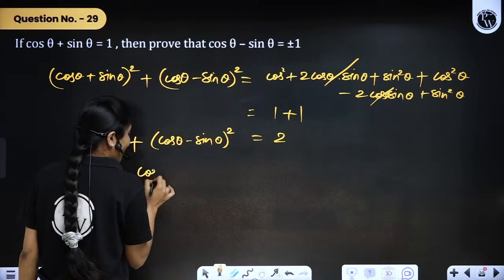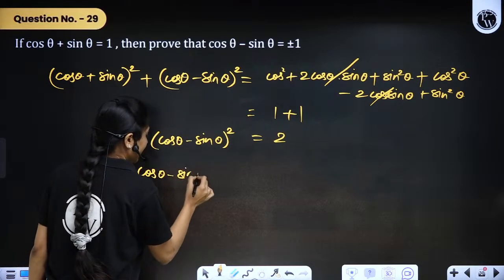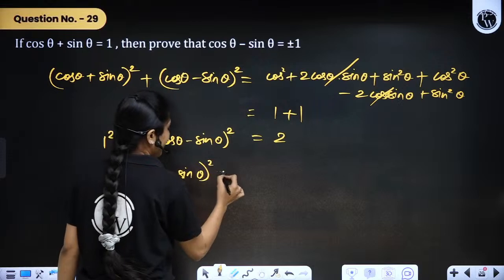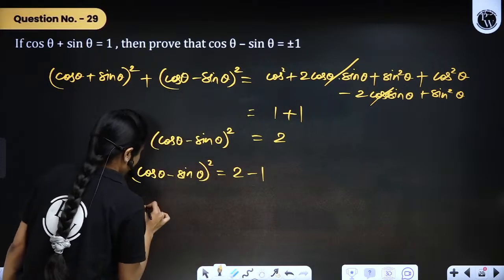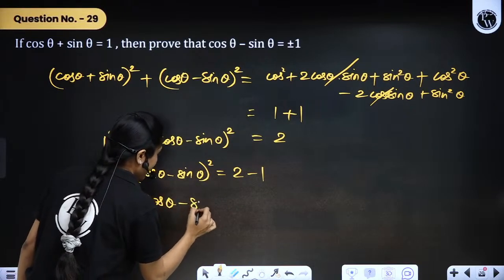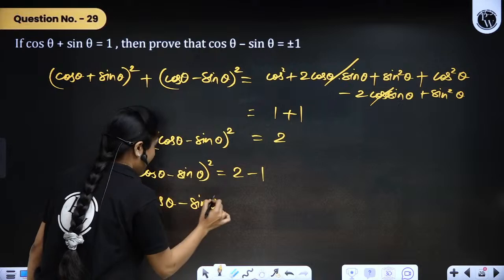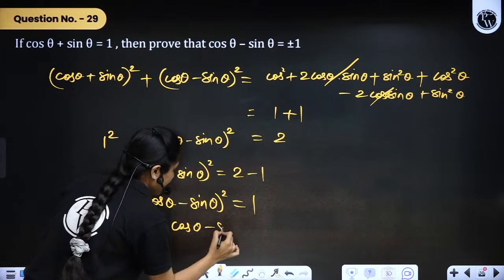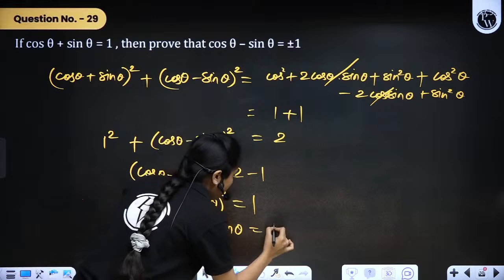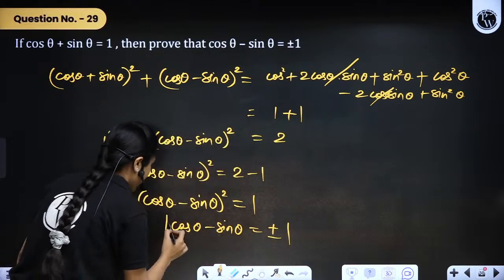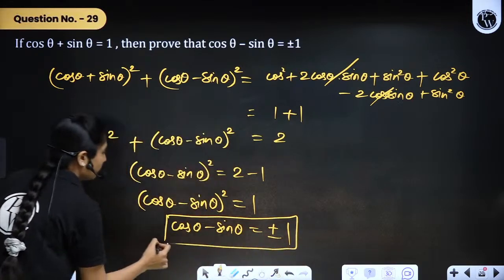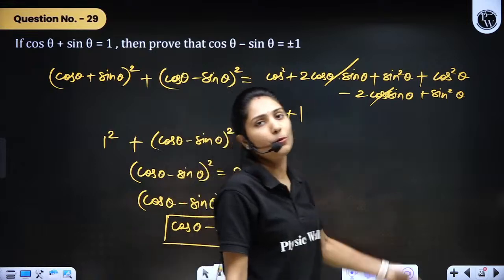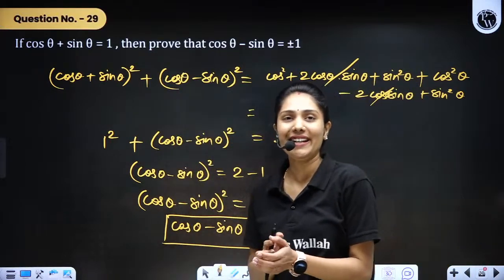That's why (cos theta minus sin theta) square is 2 minus 1, which is 1, which means cos theta minus sin theta is plus minus 1. That's what we needed to prove. Hence proved.